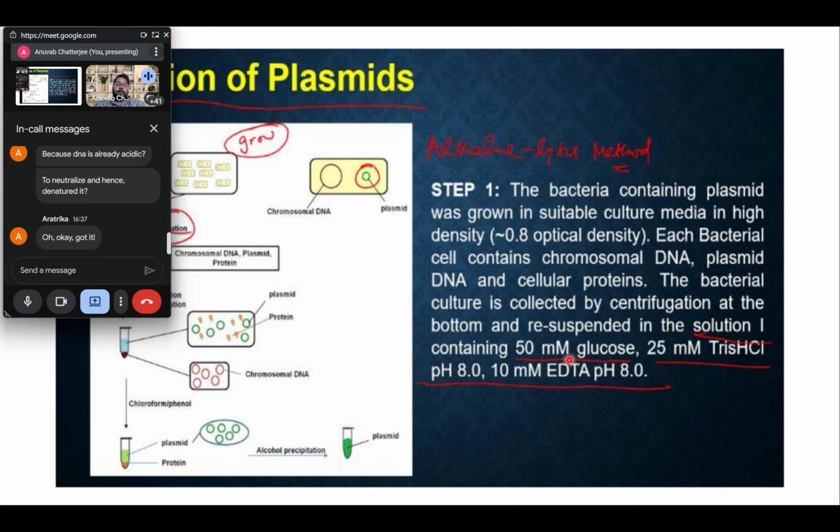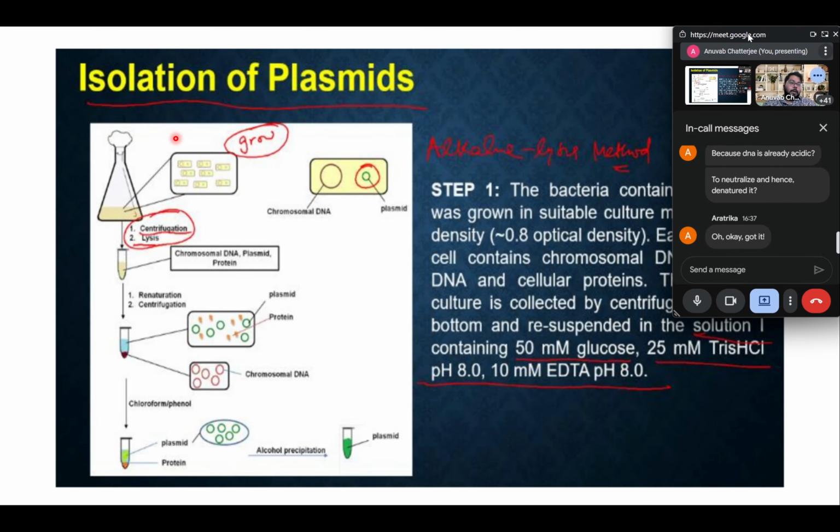EDTA can chelate divalent cations such as magnesium, which is very important because most DNA-damaging enzymes use magnesium as a cofactor. So EDTA prevents DNA damage essentially by chelating out magnesium. So in the first step, you just take the bacteria and make sure they do not rupture and stay in solution. You resuspend the bacteria back into solution from the bacterial pellet. That is step 1.